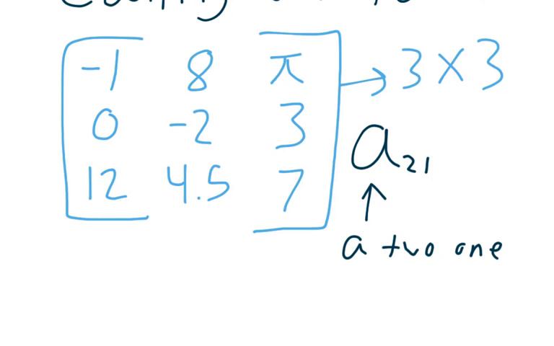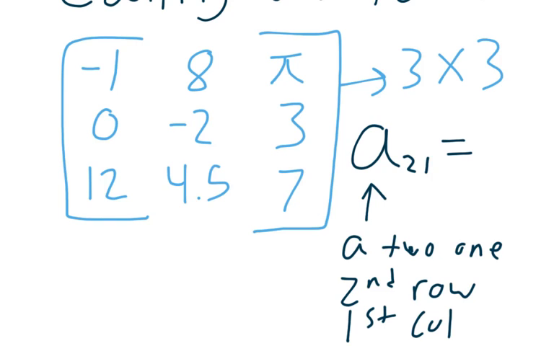So that means second row and first column. So what term is second row and first column? Look over here. Second row, first column. That's 0. What about A3,2?